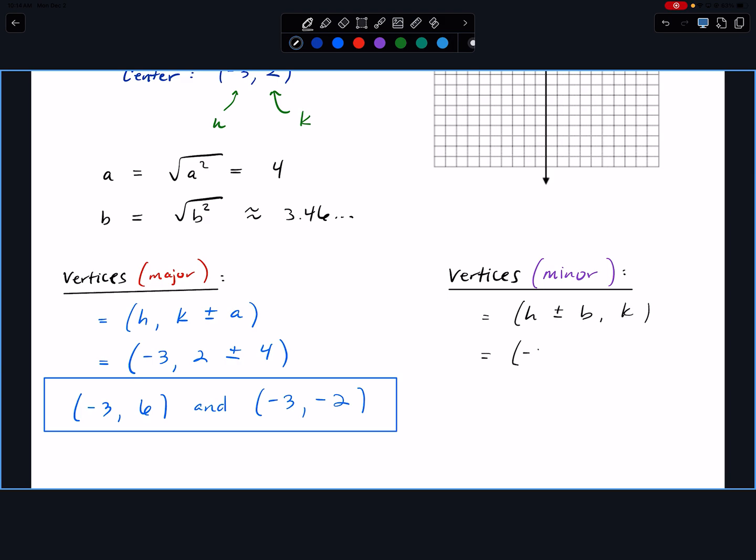So it's going to be -3 plus or minus, remember our b value was that decimal, comma k. I need you to help me out. -3 plus that number, I want to say it's this.